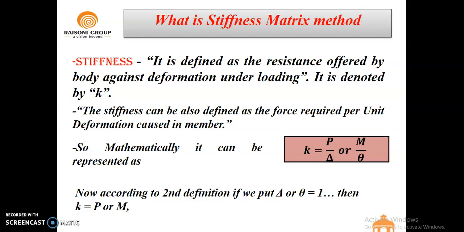So it can also be defined as moment required per unit theta rotation. Now according to the second definition, if we put delta or theta equal to 1, meaning unit deformation, then stiffness will be equal to the force or moment required at that point.